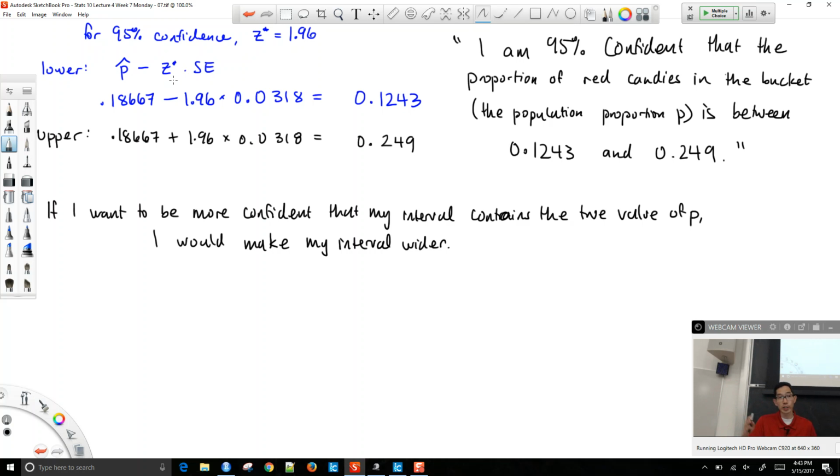In general, though, a narrow interval is more desirable, but it comes at the cost of lower confidence.